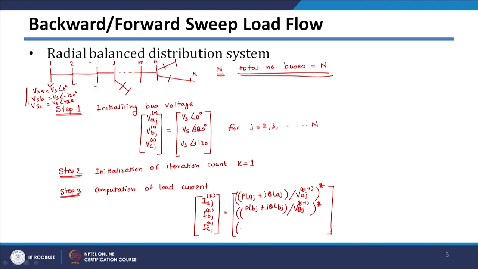Similarly, we can get P L C j plus j Q L C j, which is the load of phase C at the jth bus, divided by V C j at the k minus 1th iteration, and you have to take the complex conjugate of it. It is actually the k minus 1th iteration.